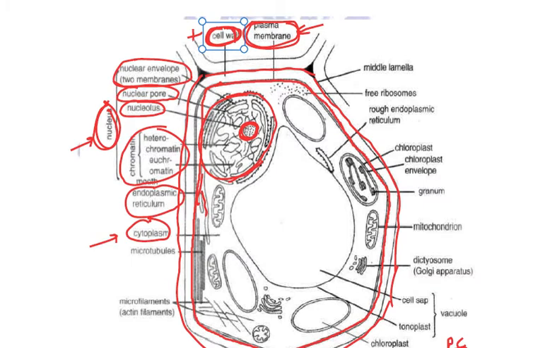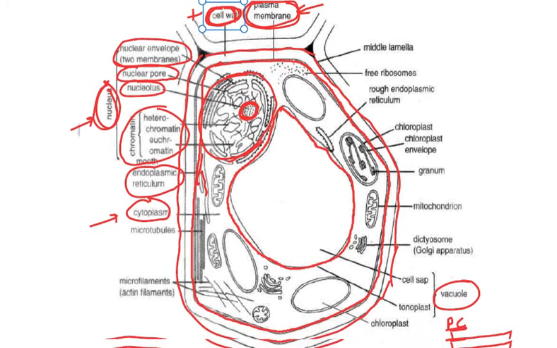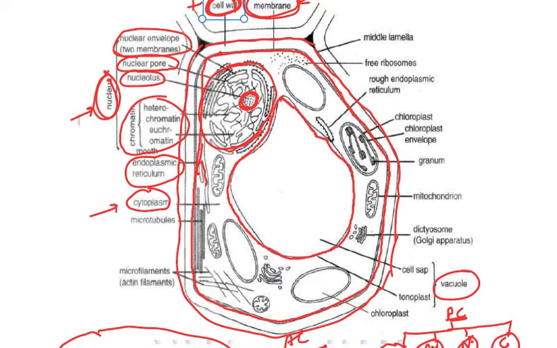Now very importantly, we have this large single one, so much extended, the largest part of the cell, that is the vacuole. It is because of this vacuole only that all the cell organelles and the nucleus of the plant cell move towards the boundary of the cell, towards the walls of the cell.